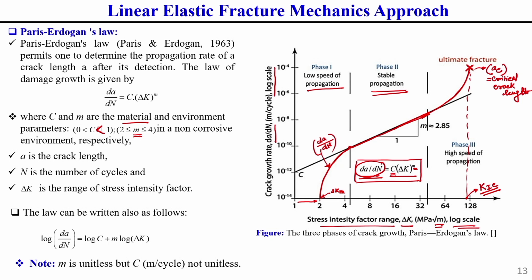Generally for a non-corrosive environment, the M value is within a range of 2 to 4. But if it is a corrosive environment, like salt water or sea water, this value can be on the higher side, up to 7 also.